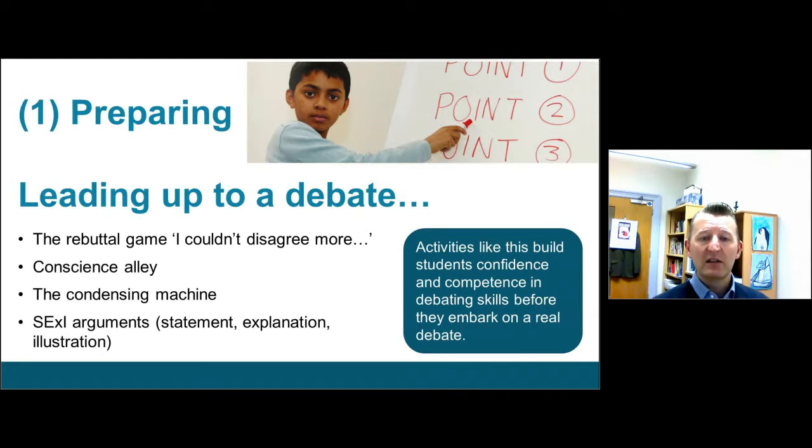And then finally, the English Speaking Union used to talk about making a sexy argument, which is just to give children a structure, that there's a statement, there's an explanation, and an illustration. So you start off by stating what you think, you then explain the reasoning behind you coming to that conclusion, and then you give an illustration. So we might start off in the example we've been using.